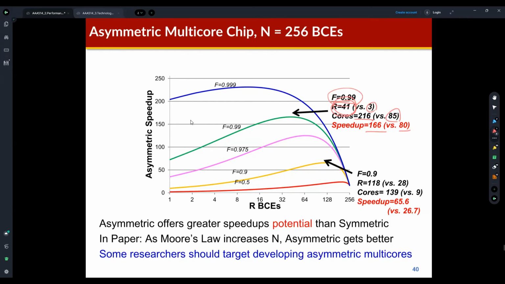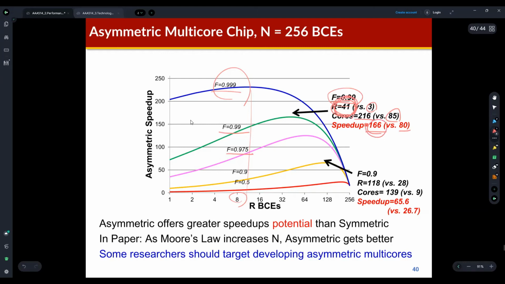So this also means it is influenced by the characteristics of the workload. Okay, so F is 0.99. We can find that if F is very high, R becomes 8. But if F is 0.999, R becomes 41.